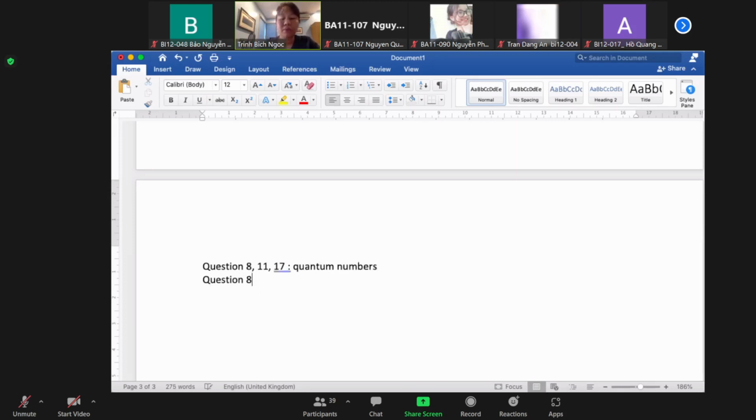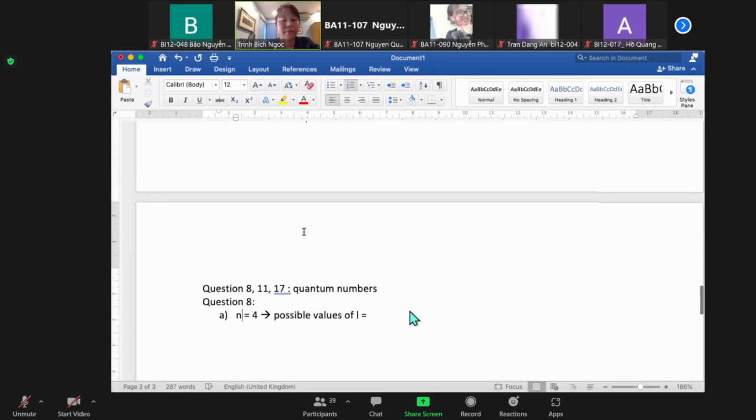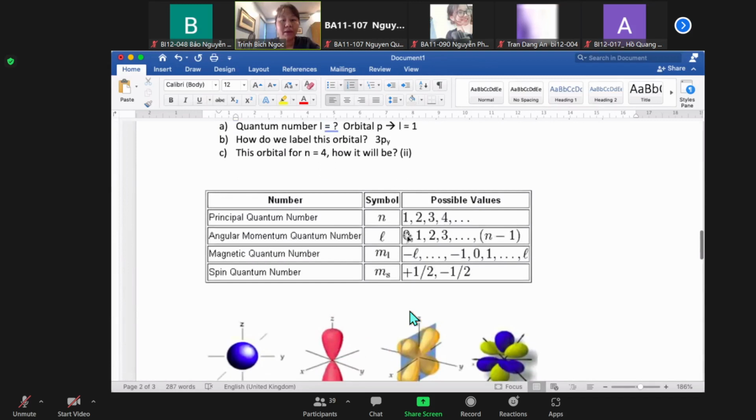So let's take a look at question 8. For n equal to 4, the possible value of L will be, who has the answer? For n, the possible value of L will be from 0 to n minus 1.